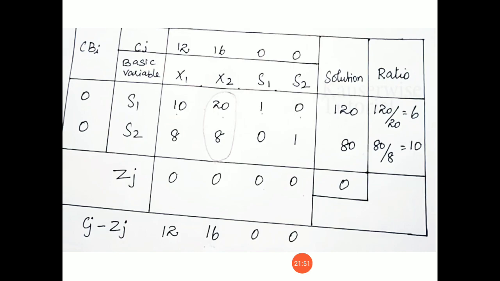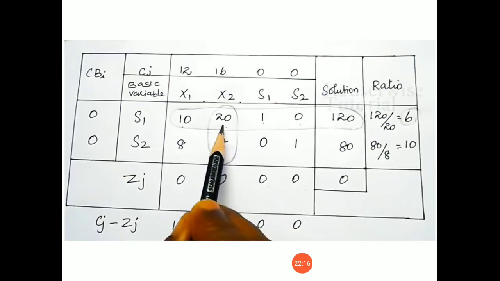The next step is to find the minimum value among the values obtained in the ratio column. Among 6 and 10, it is obvious that 6 is the minimum value. So I will be encircling the row corresponding to 6 in the ratio column. So here I have encircled the row corresponding to 6.